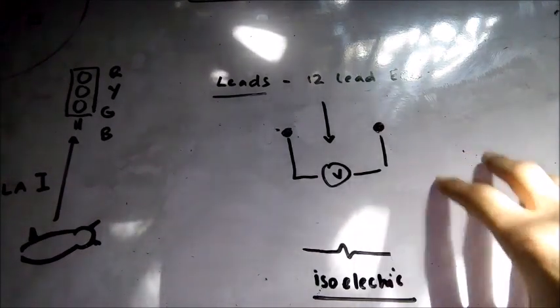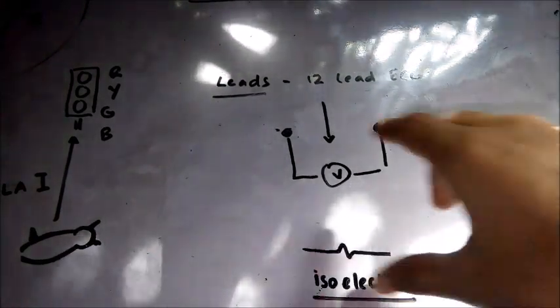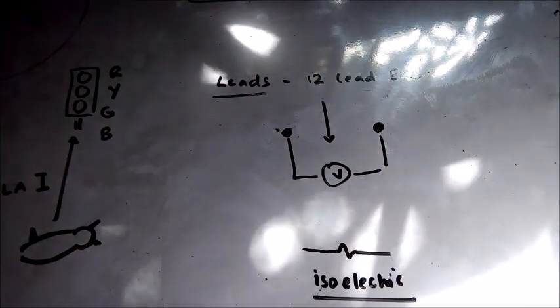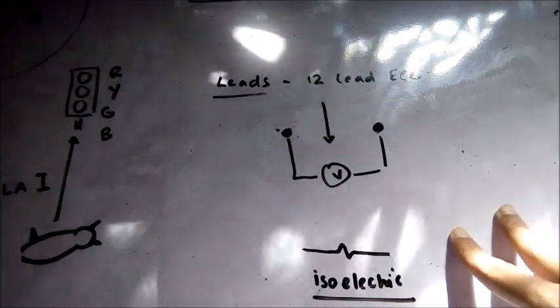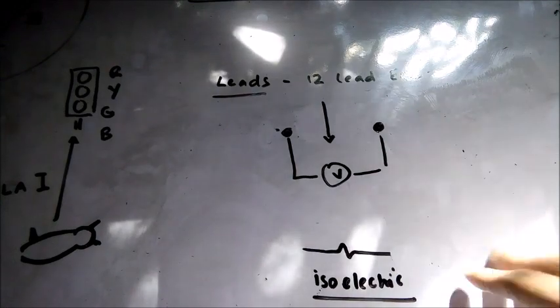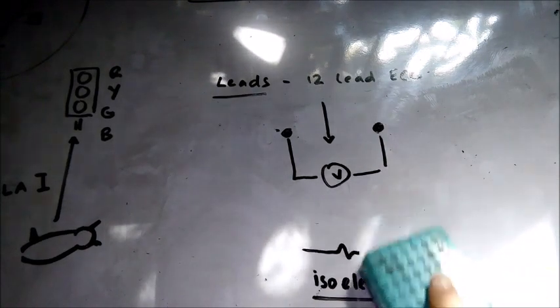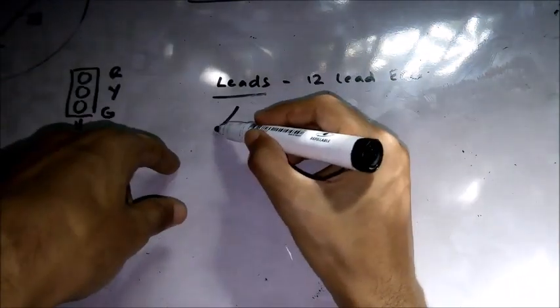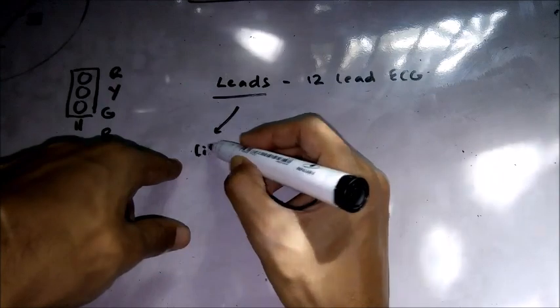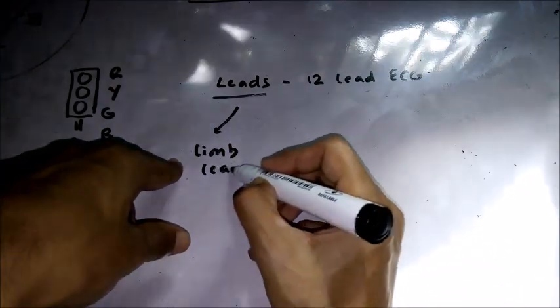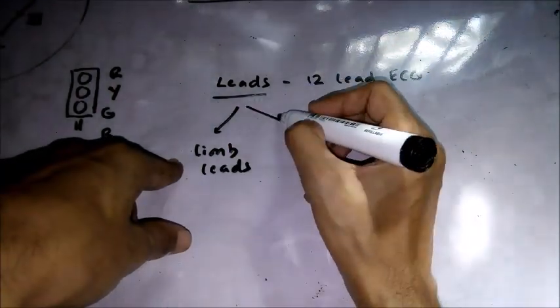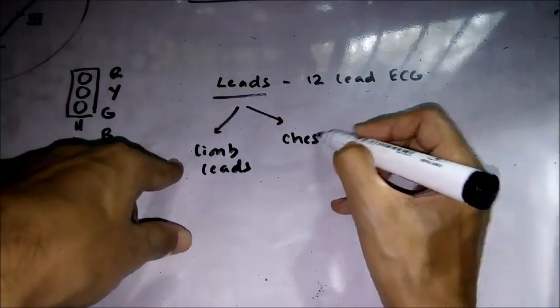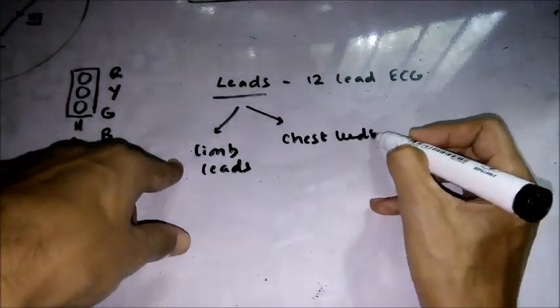You may have wondered whether lead 1, 2 and 3 are the only limb leads that we have. We have other leads as well, right? So in summary, there are basically 12 leads, and some of them are the limb leads, which we've discussed in detail, and then there are some leads which are known as the chest leads, right?